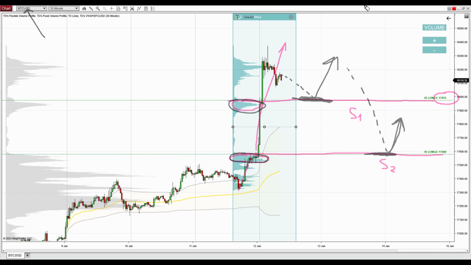If this macro news affects the US dollar, like it most surely will, and the US dollar will be very volatile during the macro news, then also this chart is going to be very volatile, and you don't want to enter any intraday trades like these around the macro news and in the post macro news volatility. So you need to be careful around the macro news and don't trade during the release.